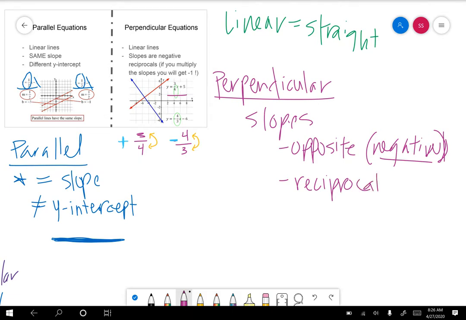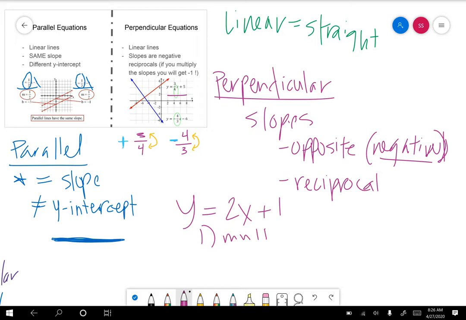I mean when we are asked to find the perpendicular slope of a line, so let's say we're given y equals 2x plus 1. If we want to find the slope of a line that's perpendicular to this one, the first thing you're going to do, step 1, you're going to multiply.